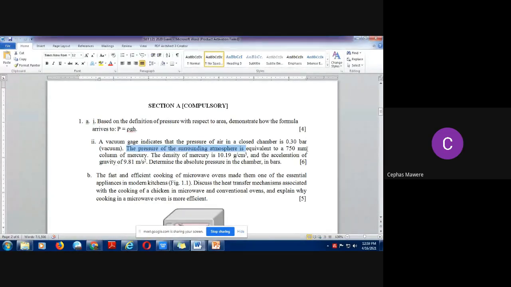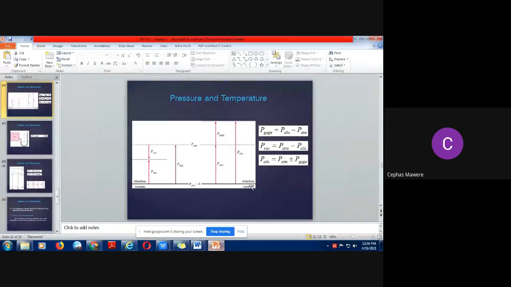So we need to convert this 750 millimeters column of mercury into bars first. Then we are able to calculate that particular pressure in relation to gravity using rho g h, and then we move on to determine the absolute pressure, which is equal to atmospheric pressure plus or minus gauge pressure, right?